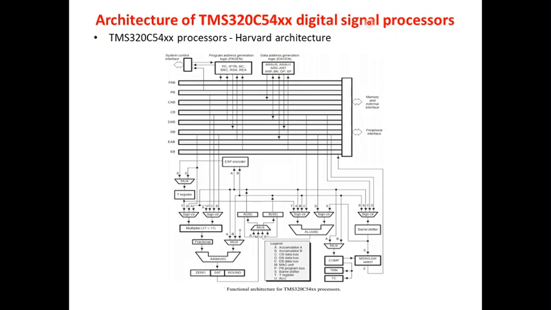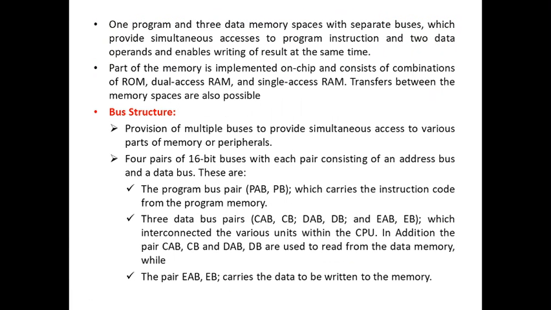So when we look into this architecture as a whole, we can study in brief about the various parts of this fixed point processor. To begin with, one program and three data memory spaces with separate buses, which provide simultaneous access to program instruction and two operands and enable writing of result at the same time, are available.